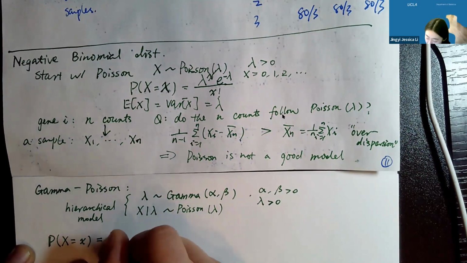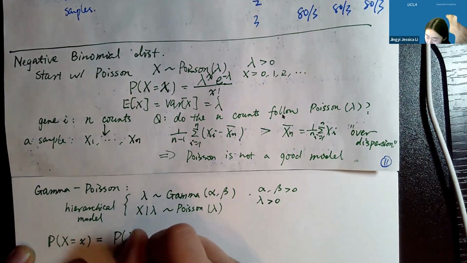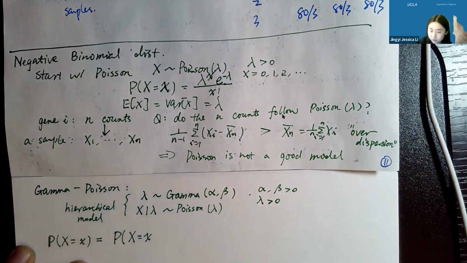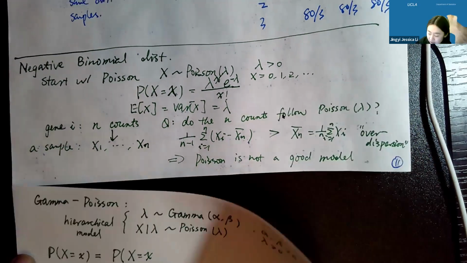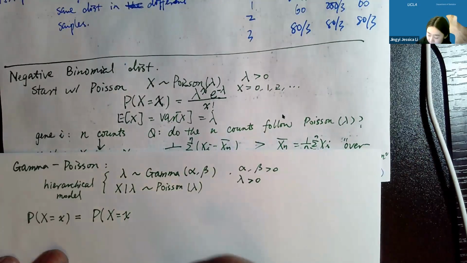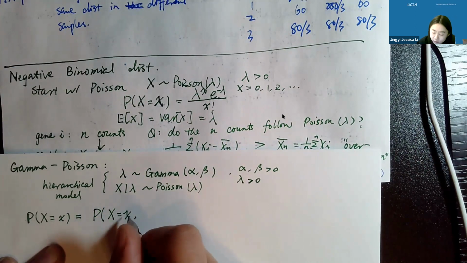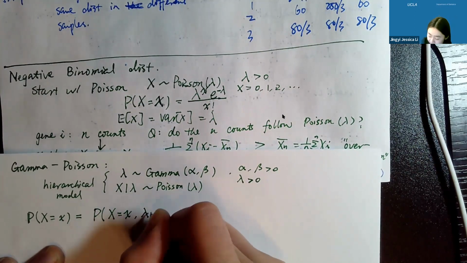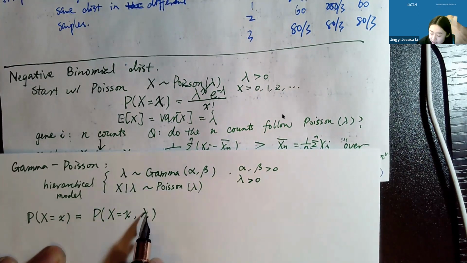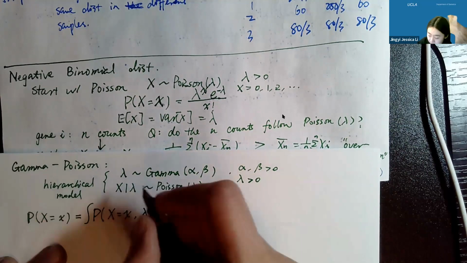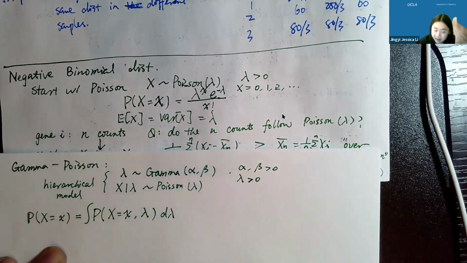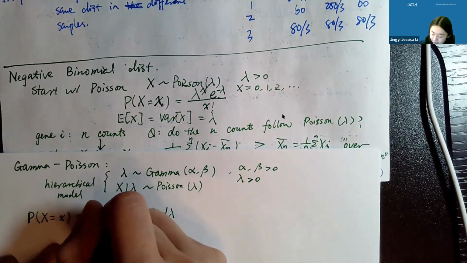So basically we will do this. I'm being a little abusive with notation here. This is a joint probability, where x is discrete and lambda is continuous, and I put them together. This means big X takes the value small x, and lambda can take any value. It's about its density, and I integrate over lambda, letting lambda go from 0 to positive infinity.